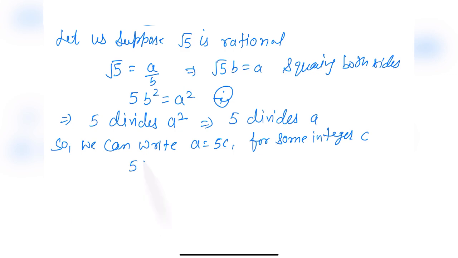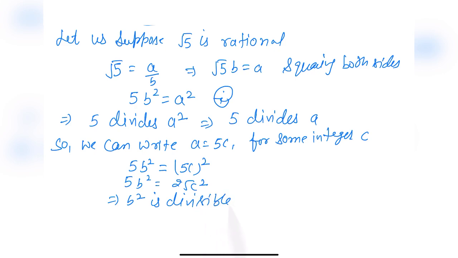So 5b square is equal to 5c whole square. It means 5b square is equal to 25c square. So it says that b square is divisible by 5, so b is also divisible by 5. a is divisible by 5, and b is also divisible by 5.